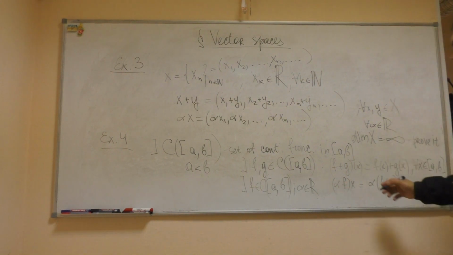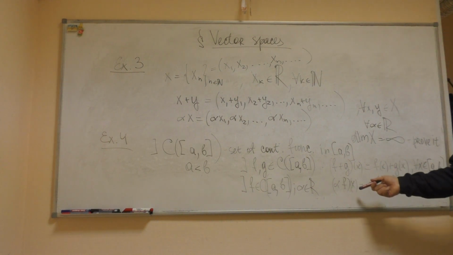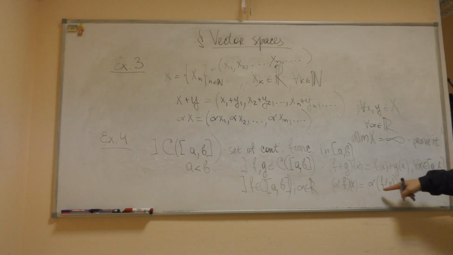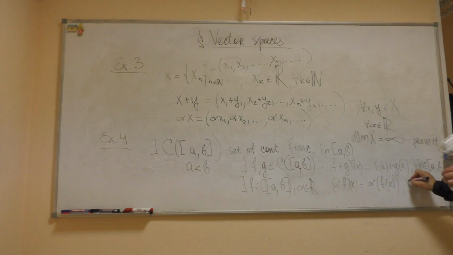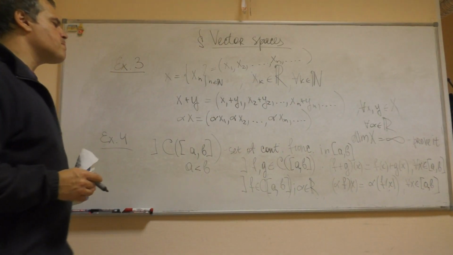So the function alpha f is defined at the argument x as alpha multiplied by f of x. Once again for each x of [a, b]. It can be proved that in this case also all 8 axioms are fulfilled, and we now obtain a vector space.